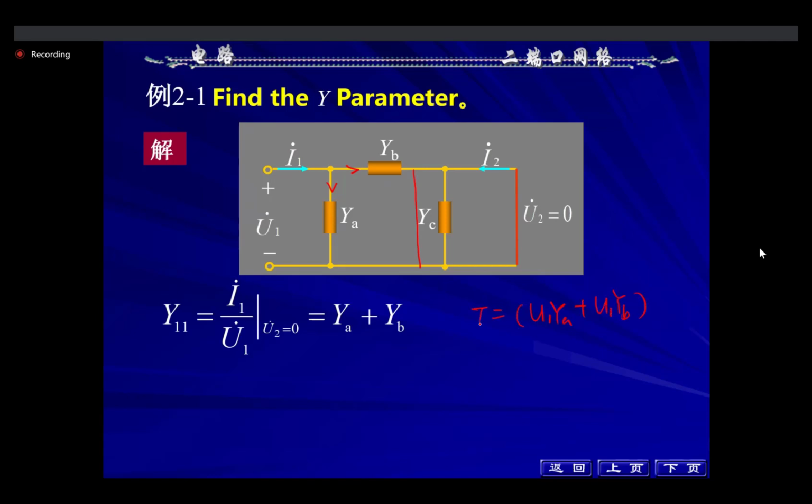This will be I1. And I2 will be minus YB U1. So Y21 will be minus YB.